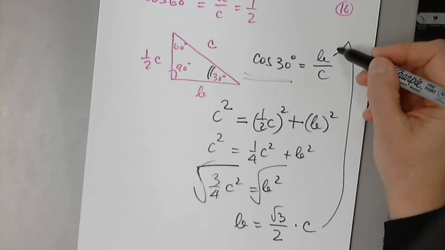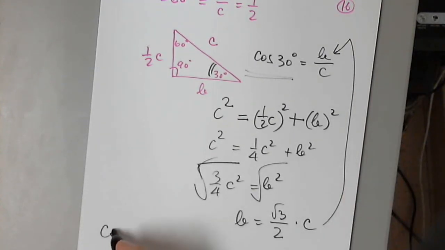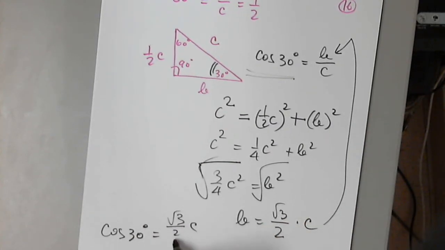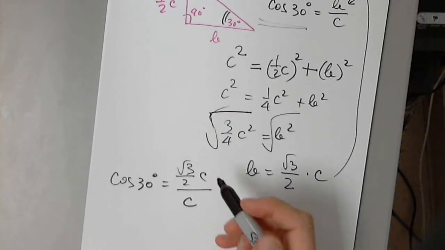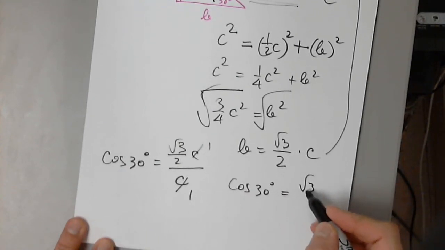Knowing this, I'm going to replace B. So then cosine 30 degrees is B, which is the square root of 3 over 2 C, divided by C. And then what happens then? So how much is cosine 30 degrees? Square root of 3 over 2.